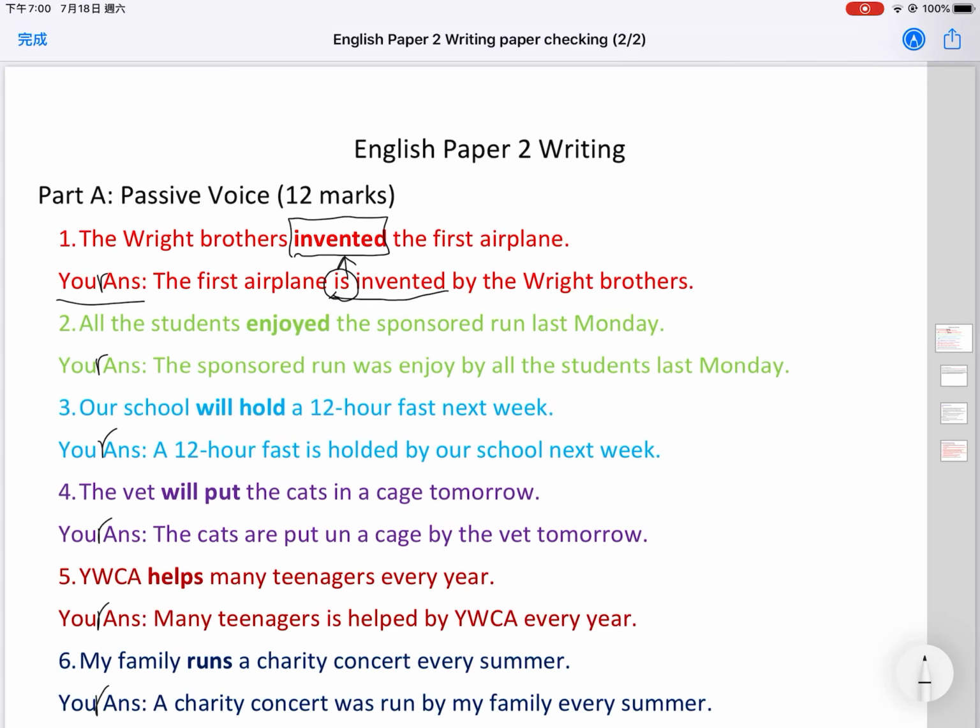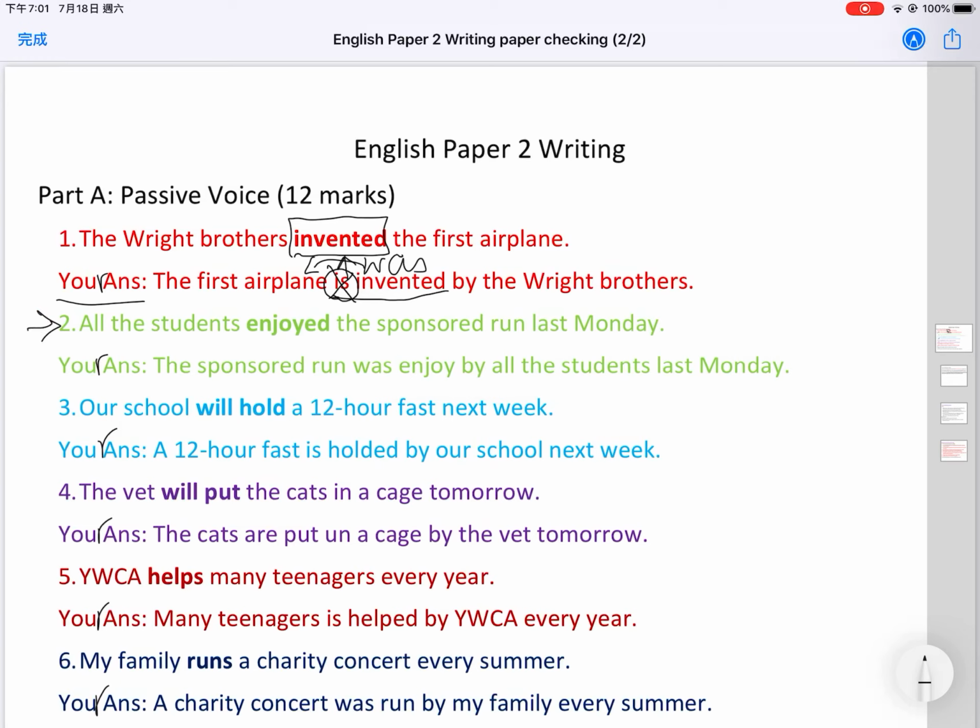It is not the right tense. So it should be was, the singular was, because it is one aeroplane only, singular. In the following, we're going to look at the other 5 sentences, and then we will look at your answers, and then we will try to see how we can improve that sentence.